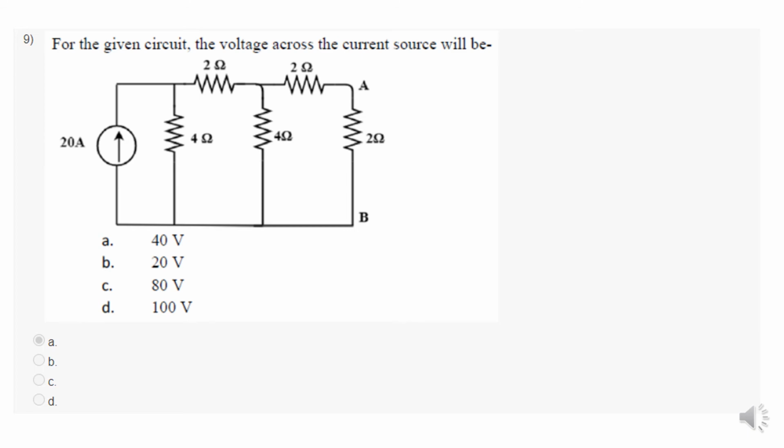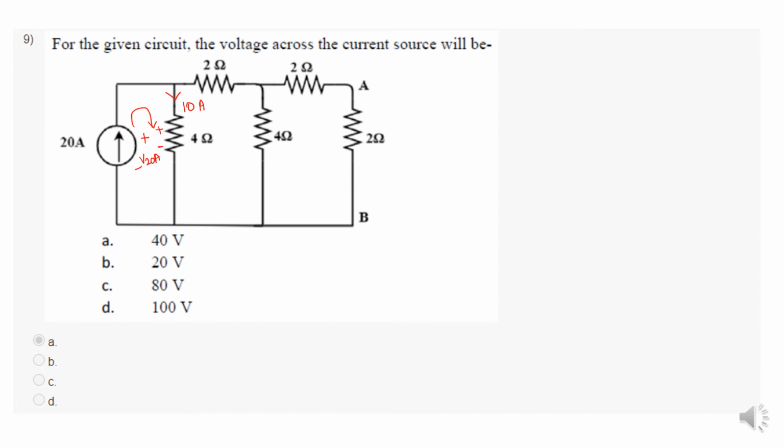Next, for the given circuit, the voltage across the current source will be. Here we already got the answer, that is 10 volt, 10 ampere. Okay, here I am going to consider the assumed direction as clockwise direction. So then here what is the value? V, 20 ampere, here positive, negative.